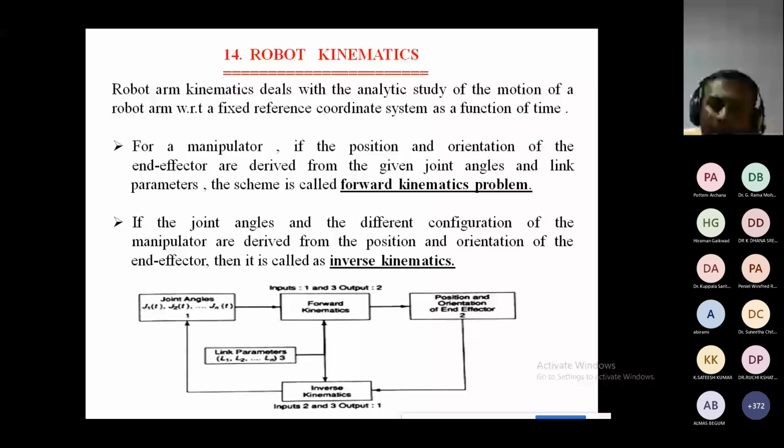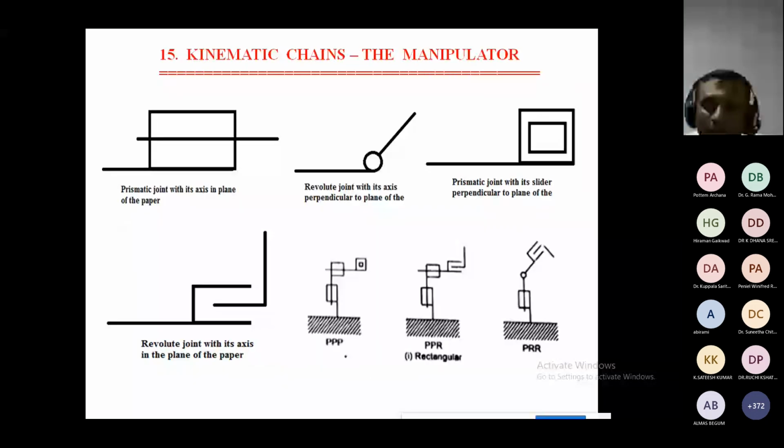The prismatic joint, based upon the mechanical construction, will follow the linear motion. Revolute joint with the rotations, prismatic joint with the slider mechanism, sometimes it is required. Revolute joint and its axis in the plane of the paper, that is the structure. Then PPP, prismatic, that means all three are linear motion.